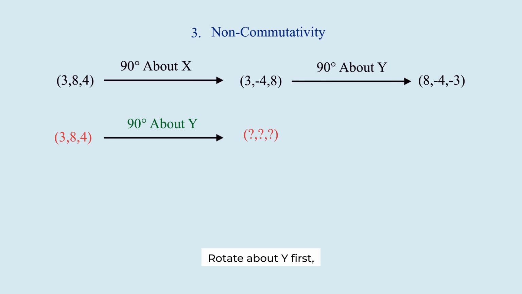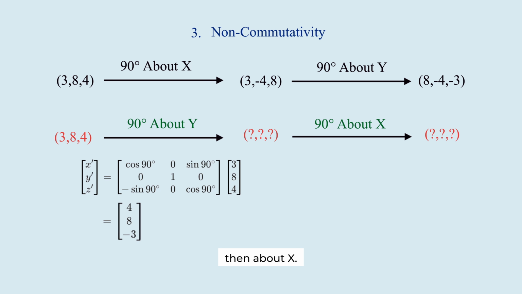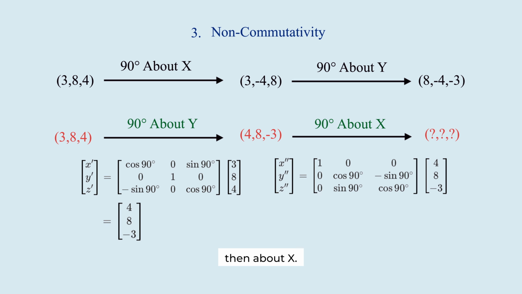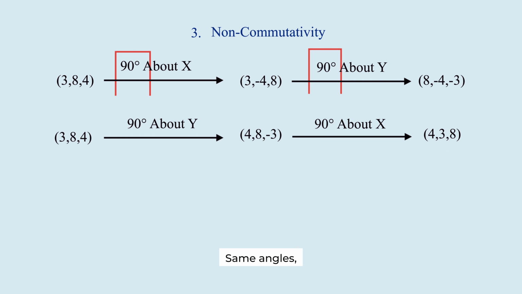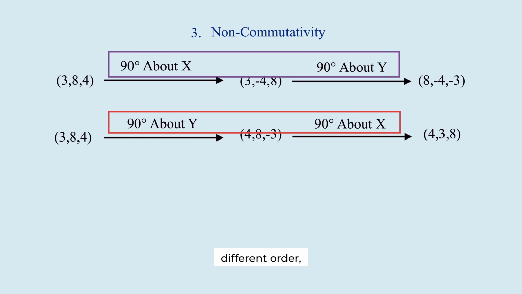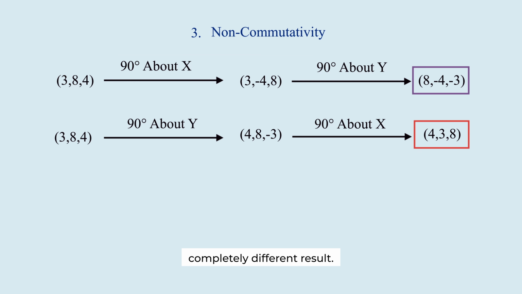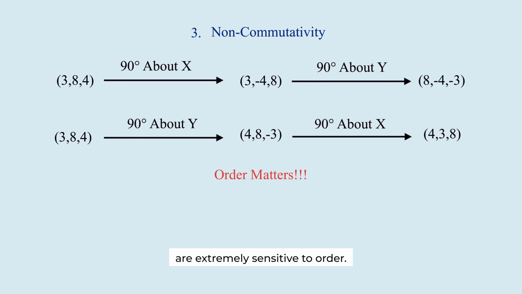Rotate about y first, then about x. This time, the z component is positive. Same angles, different order, completely different result. That's because 3D rotations are extremely sensitive to order.